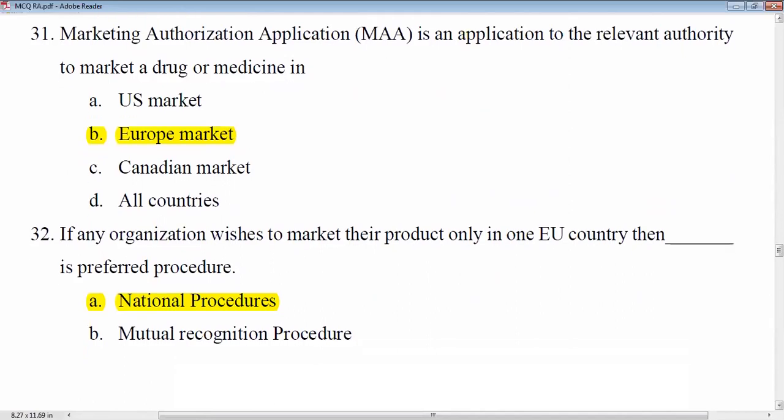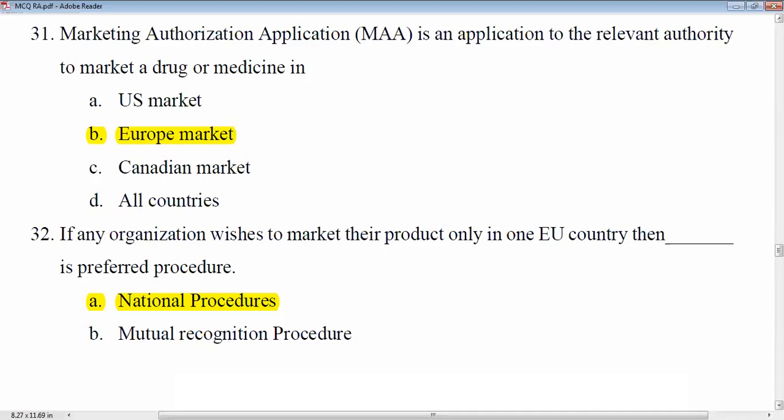Next multiple choice question is: marketing authorization application, MAA, is an application to the relevant authority to market a drug or medicine in.